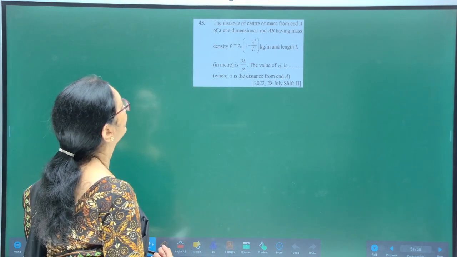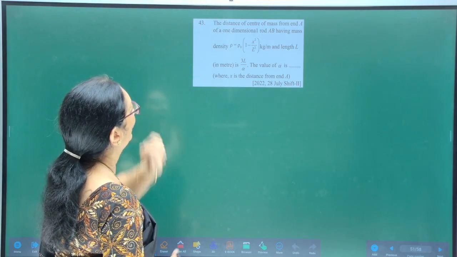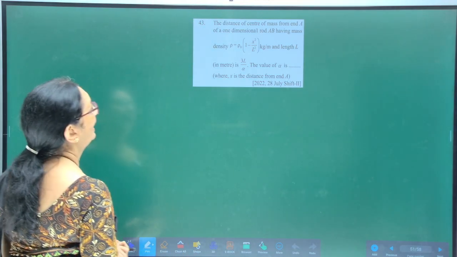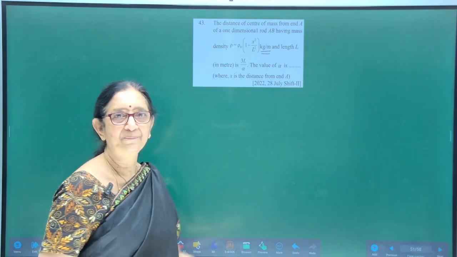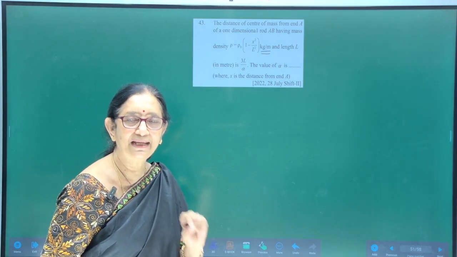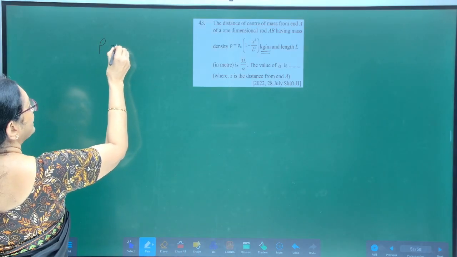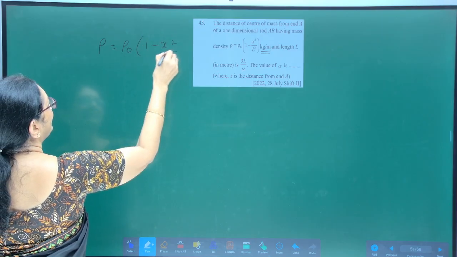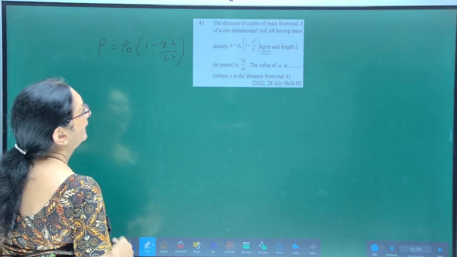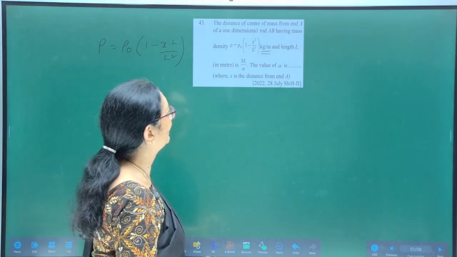Look here. The distance of the center of mass from end A of a one dimensional rod having mass density kg per meter. Linear mass density of the rod is given as rho equal to rho naught into 1 minus x square by L square. Mass is in kg and length is in meters.